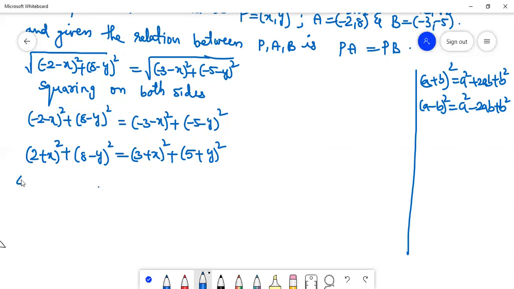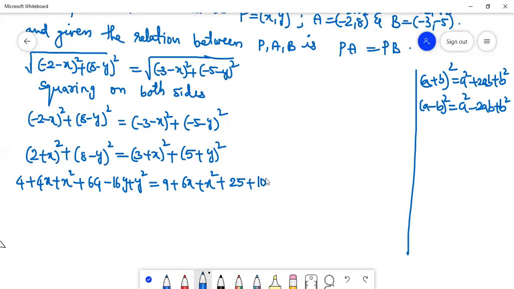Here 2 square is 4 plus 2 into 4 into x, 4x, plus x square plus 8 square is 64 minus 2 into 8 is 16y plus y square is equal to 3 square is 9 plus 2 into 3 is 6 into x, 6x, plus x square plus 5 square is 25 plus 2 into 5 is 10 into y, 10y, plus y square.